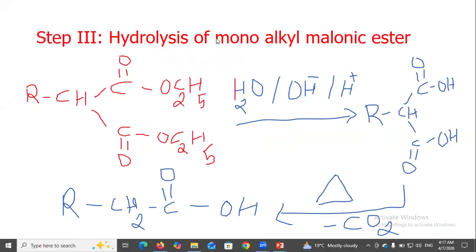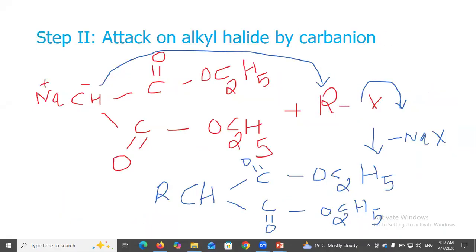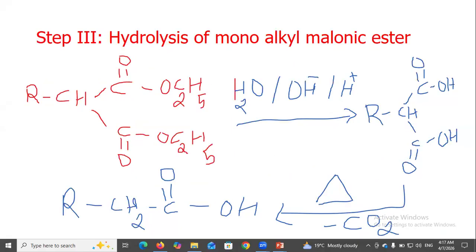Step 3: hydrolysis of the monoalkyl malonic ester. The monoalkyl malonic ester is hydrolyzed and heated, and produces a substituted acetic acid, or carboxylic acid. This is the substituted acetic acid.